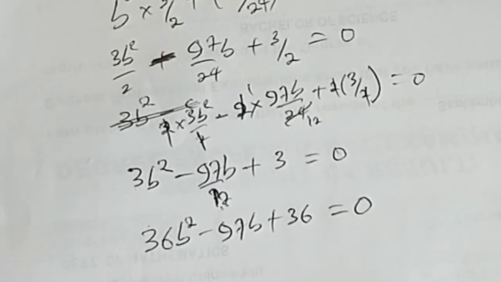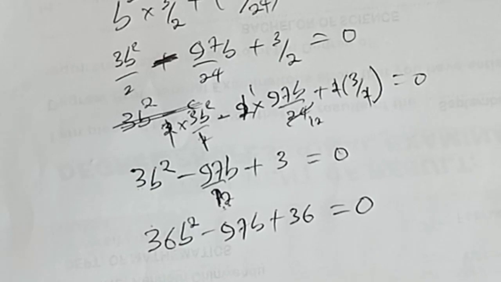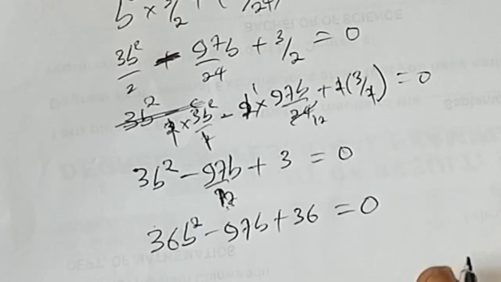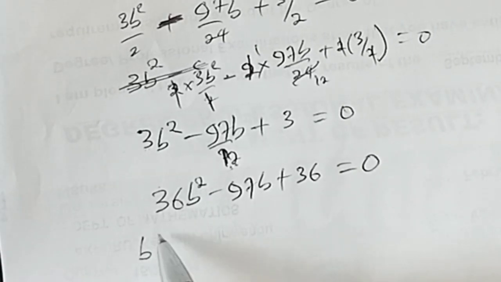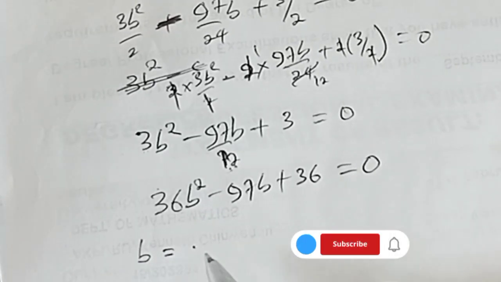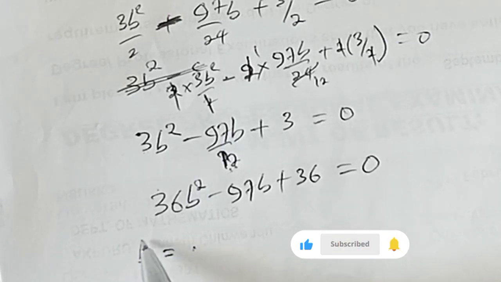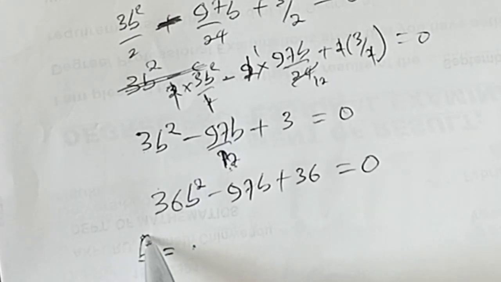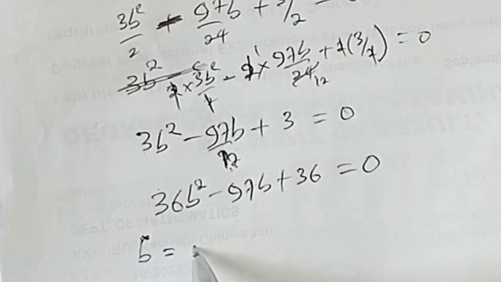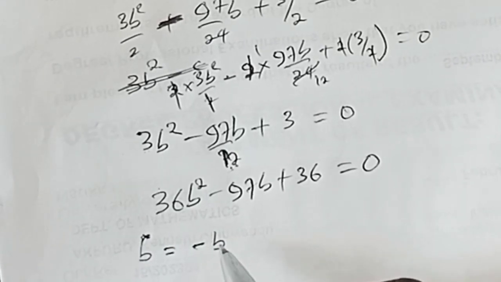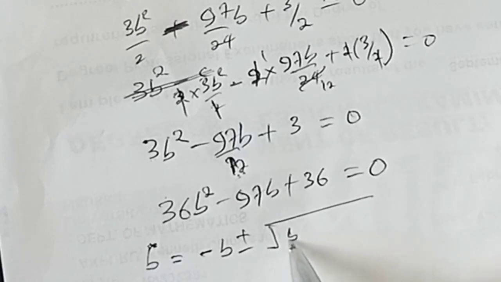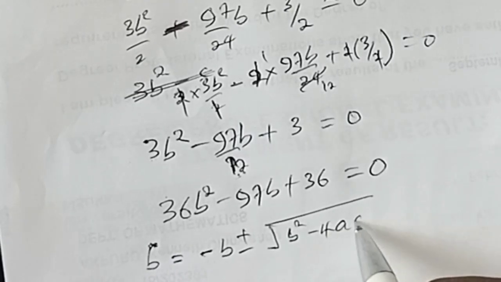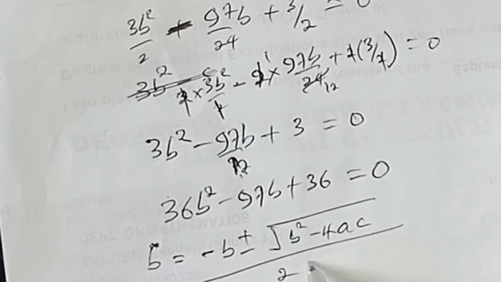I am just going to use any of the quadratic methods to solve, but for the sake of convenience, I am going to be using the formula method. And don't forget, the formula method says that b is equal to minus b, where this b is the coefficient of x in the general quadratic equation, plus or minus the square root of b squared minus 4ac, all divided by 2a.